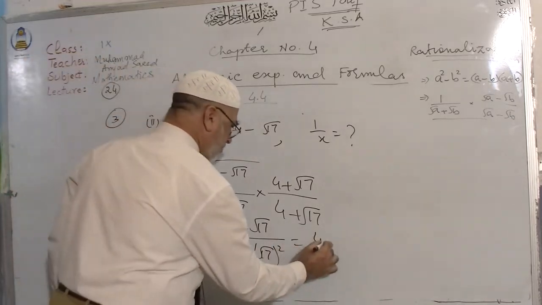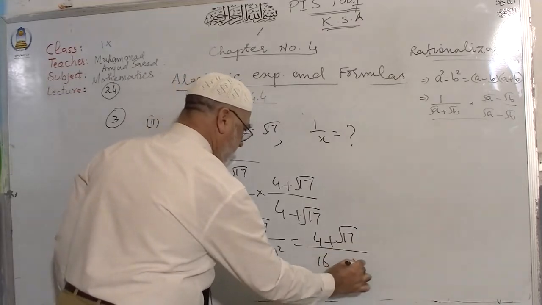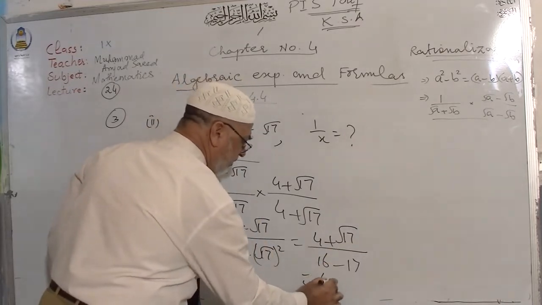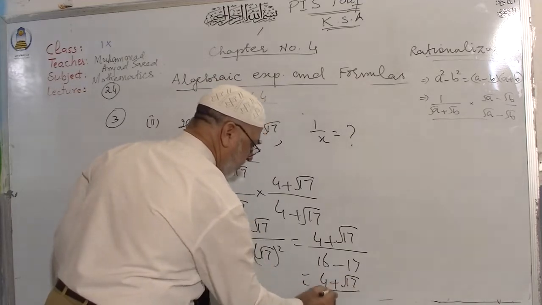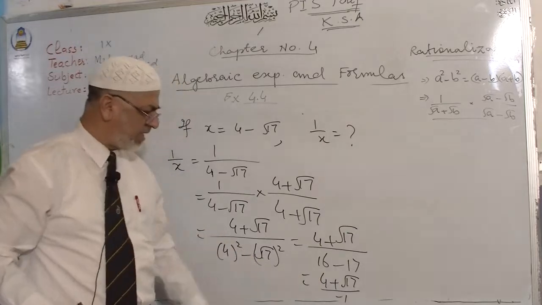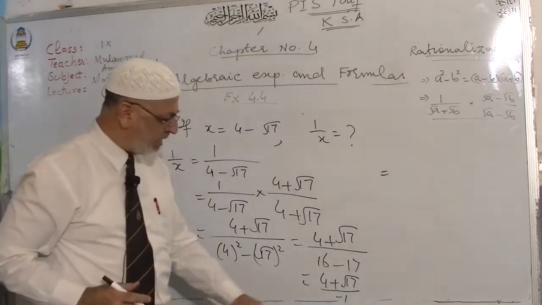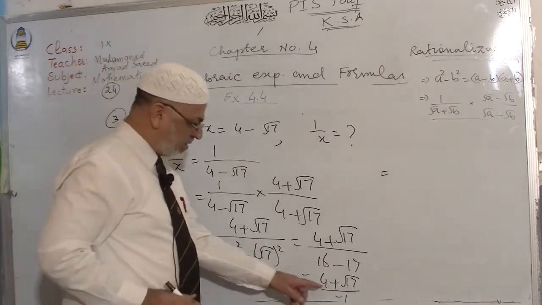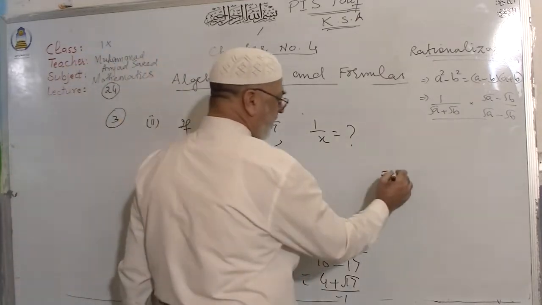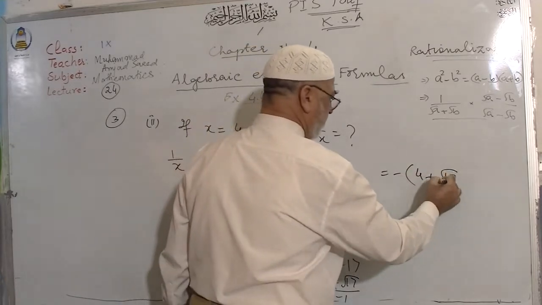Here is 4 plus root 17 over 16 minus 17. 4 plus root 17 over minus 1. 16 minus 17 is minus 1. Dear students, remember that this minus 1 is under both. So you can write down minus in this way, 4 plus root 17.